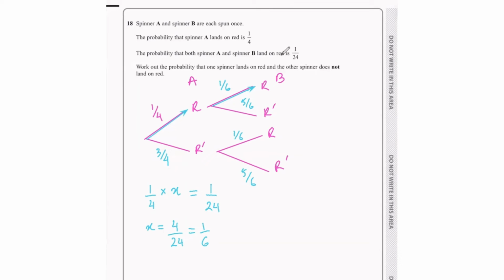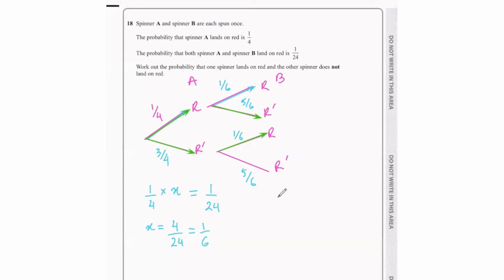Now that we have our probability sorted out, it says work out the probability that one spinner lands on red and the other does not land on red. So if you use a different color for that, one spinner lands on red and the other doesn't, so that's this root. One doesn't land on red and the other does, that's this.